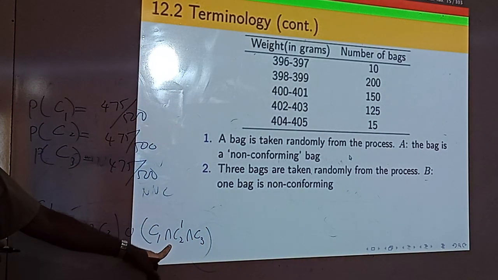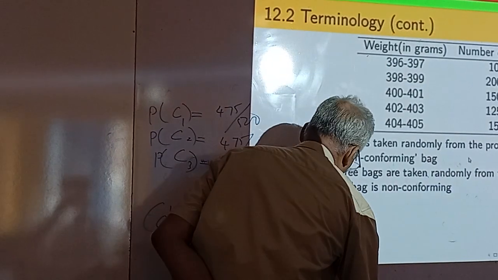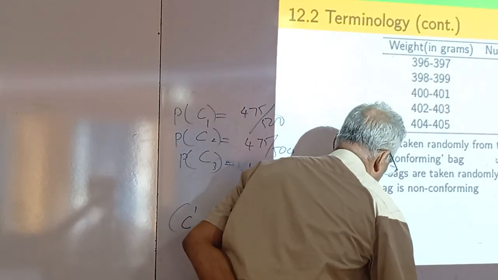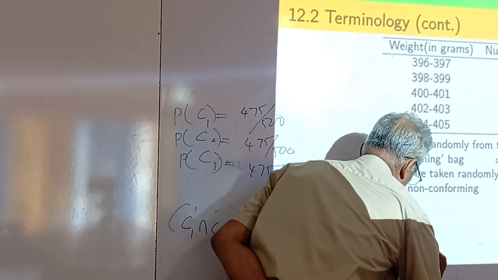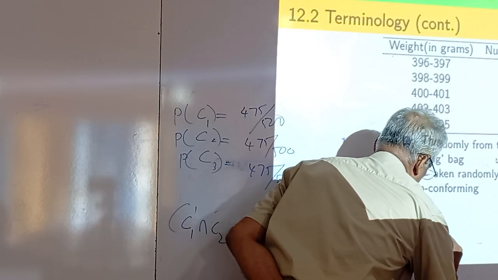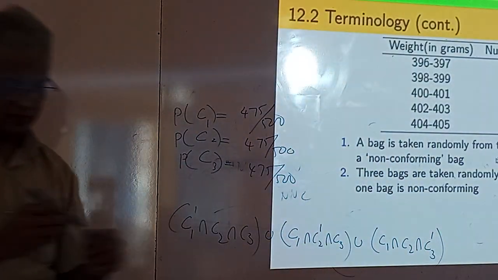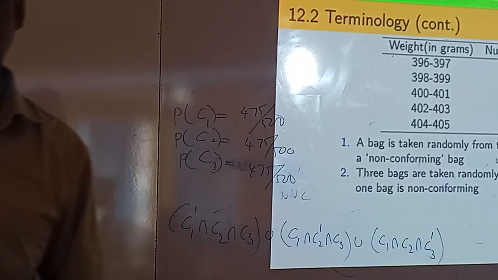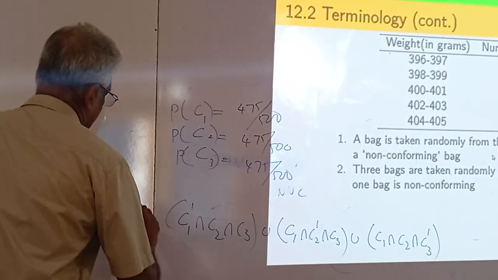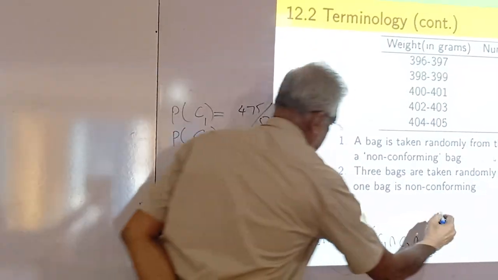Or the first and second are conforming and the third is non-conforming. So this is the way that particular event happens, and we are interested in the probability of this.